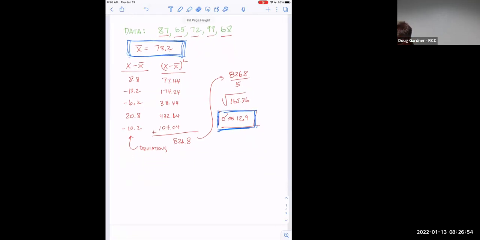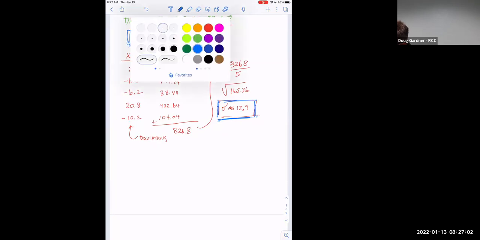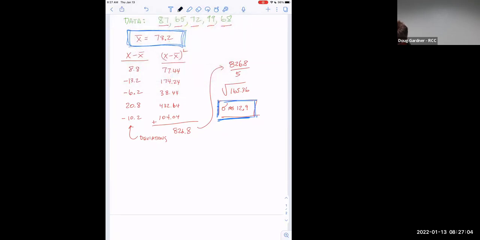Now, to make sure that you understand what this means, what does this mean? I said this a little bit yesterday, but we'll go into that now. This means that if I take X bar plus or minus 1 of those standard deviations, in other words, we said it was typical to deviate by 12.9, either up or down.